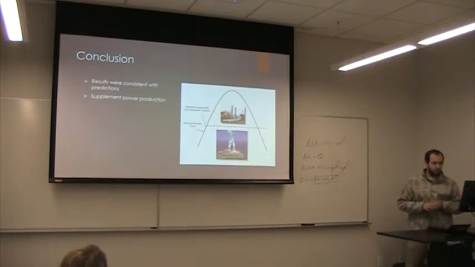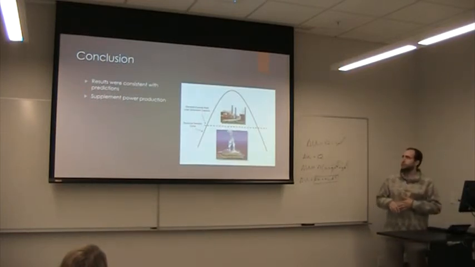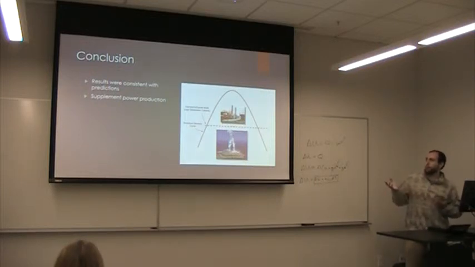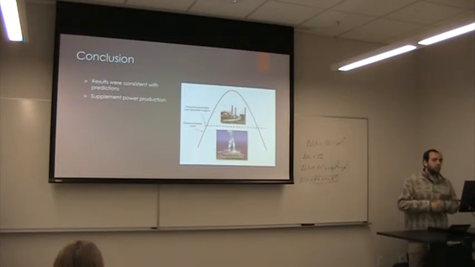So in conclusion, our results were pretty consistent with what we were expecting to get. The efficiency was basically what we thought would happen. And the main takeaway from this is, why do we use these types of systems? They're used for producing electricity.